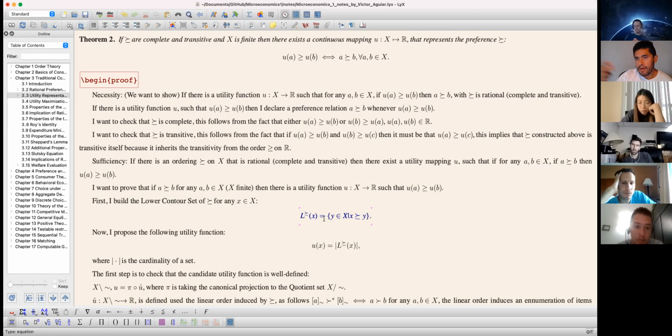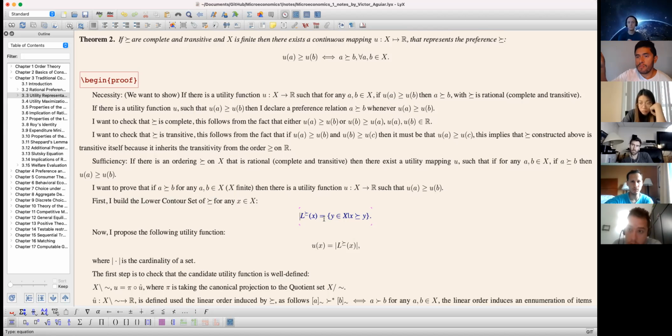So in particular, imagine I have a finite set with 3 alternatives. I take the best, most preferred alternative, A, say A is better than B better than C. Then under this definition, the cardinality of the lower contour set of the most preferred item will be 3. The second most preferred one, the cardinality will be 2.